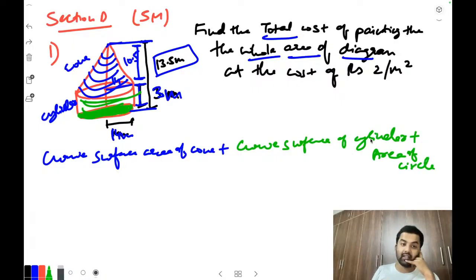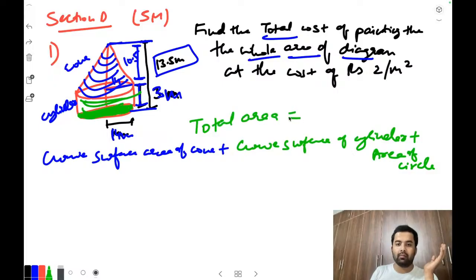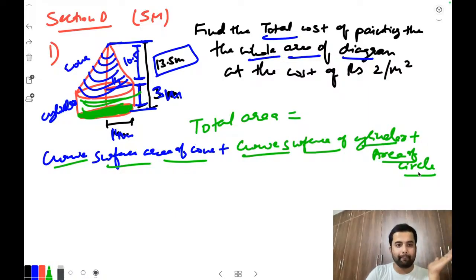I hope this is clear. Did you understand what we did here? For finding the total area, the curved surface area of the cone, then the curved surface area of the cylinder, and then the area of the circle. Can you imagine that?